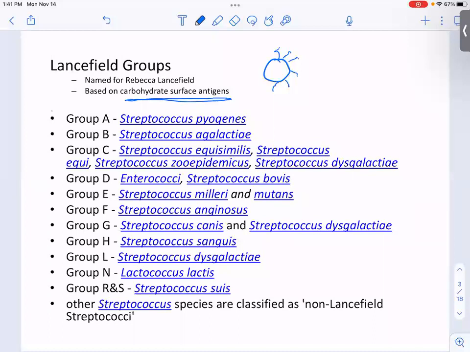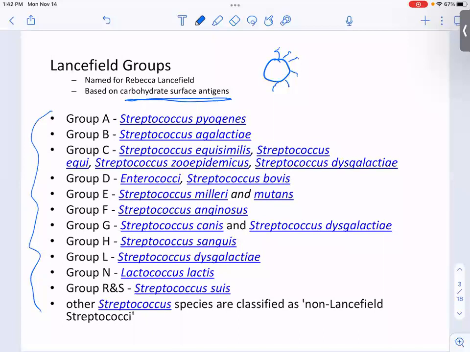Not to memorize this, just to show you that when you hear the term group A strep, that refers to these carbohydrates on the surface of the cell. For some of these groups, like group A, it's only the species Strep pyogenes. That's the only species that's group A. But for group C, you can see there are several different species.